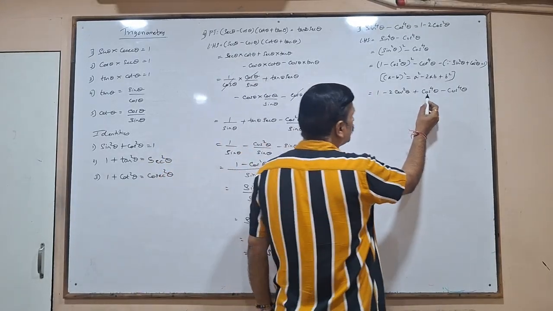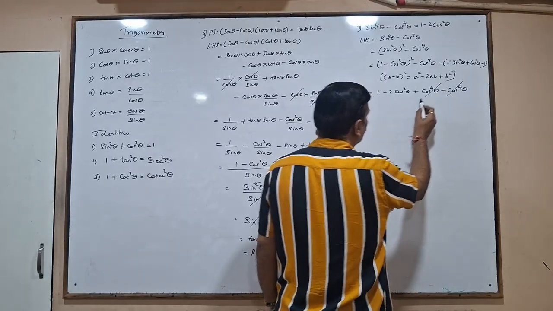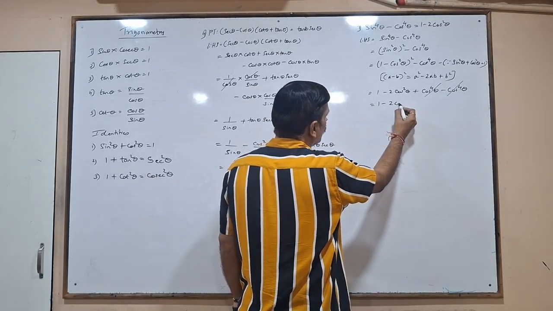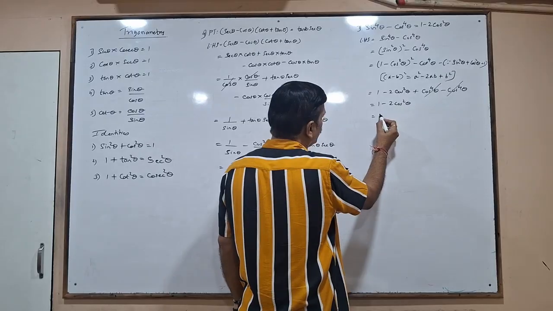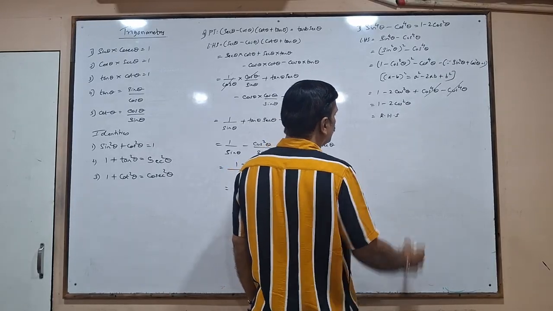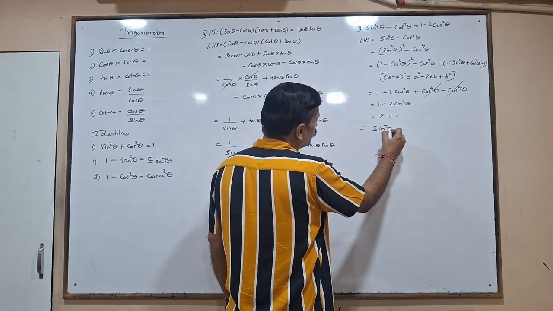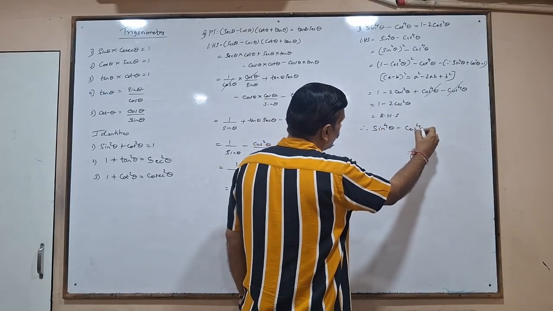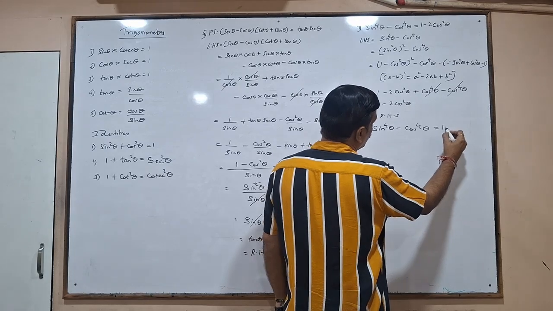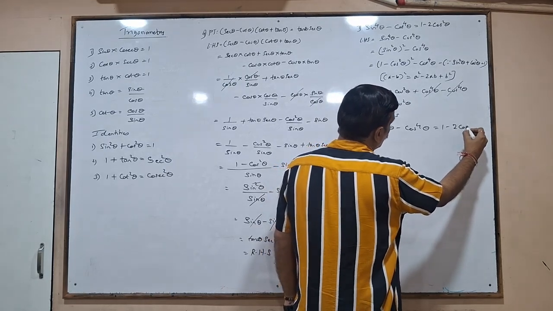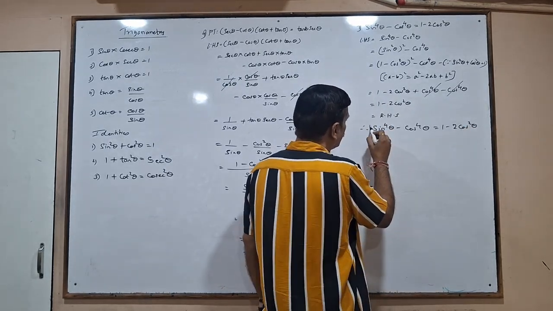So this is positive, this is negative, will get cancelled. What will remain is 1 minus 2 cos square theta, which is RHS. Therefore, sin raised to 4 theta minus cos raised to 4 theta is 1 minus 2 cos square theta.